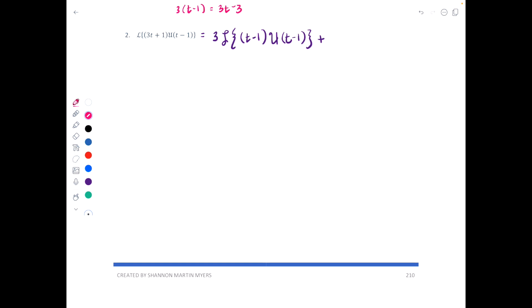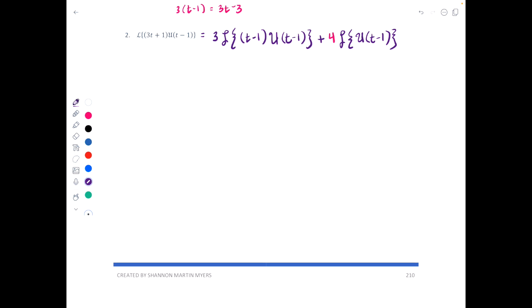And so how have I adapted this? In order to get it back to true, I need to add 4, don't I? So to get this to be 3t plus 1, we need to add 4 to adapt. And then we need to follow through with our Laplace transform of our unit step function at t minus 1.